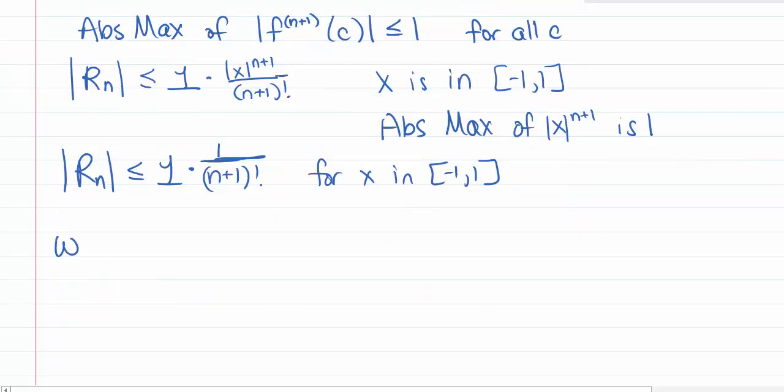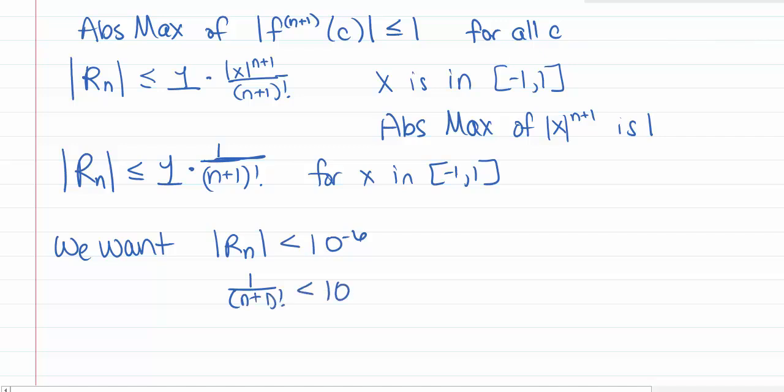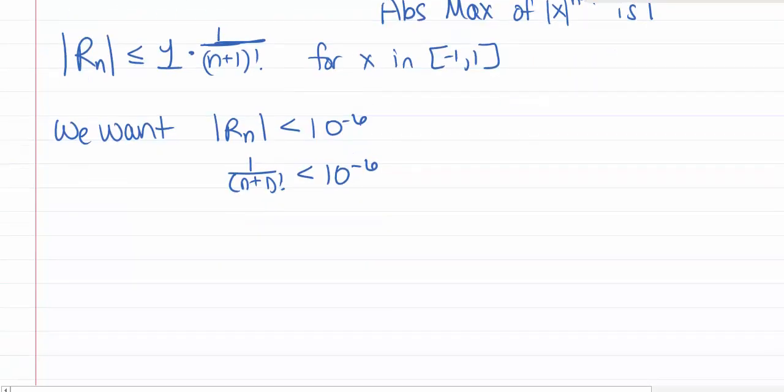Now remember, we want the absolute value of the remainder to be less than 10 to the negative 6th. So let's let 1 over n plus 1 factorial be less than 10 to the negative 6th and figure out what value of n we need for that. Now, we don't really have a great way of solving for n here with the factorial, so we're just going to do this by trial and error.